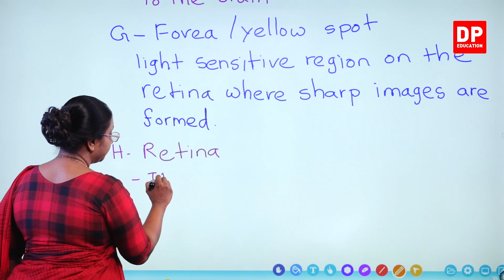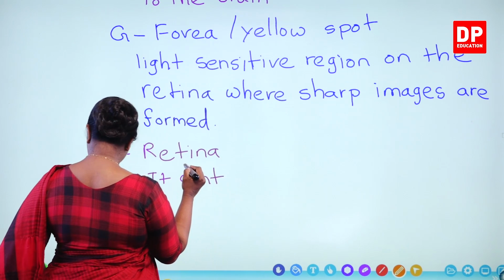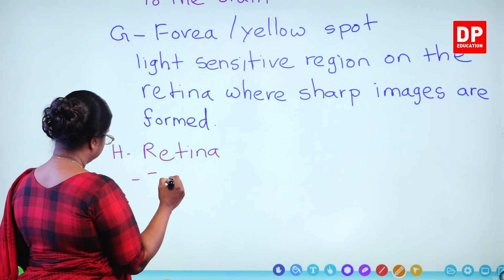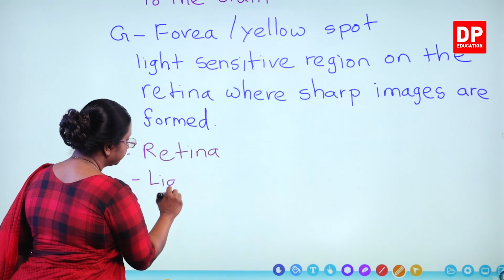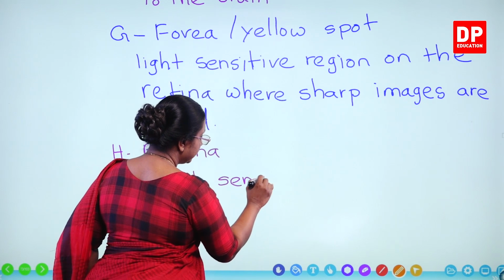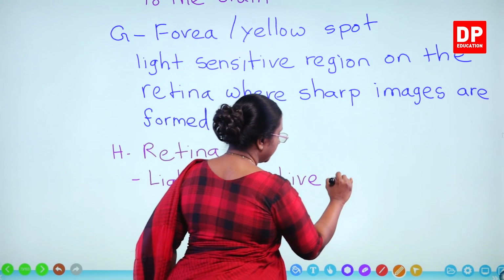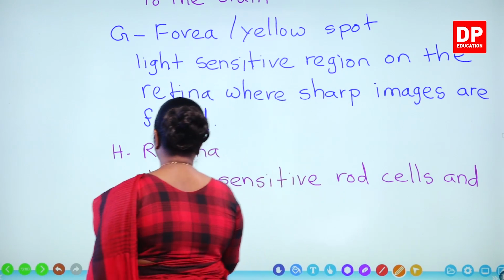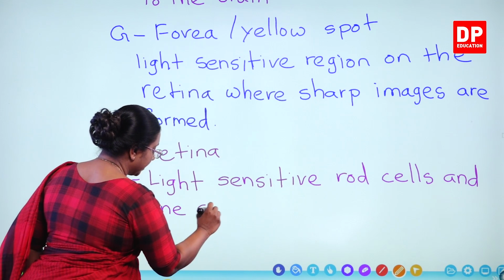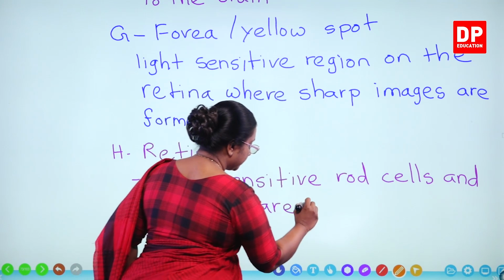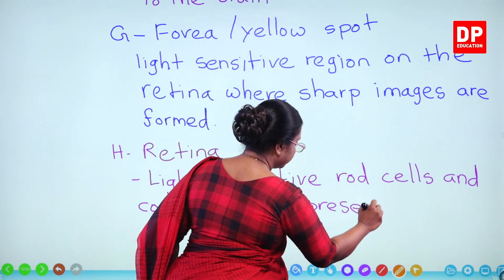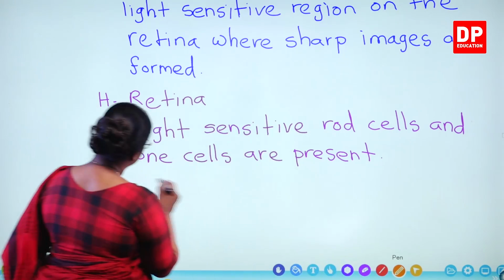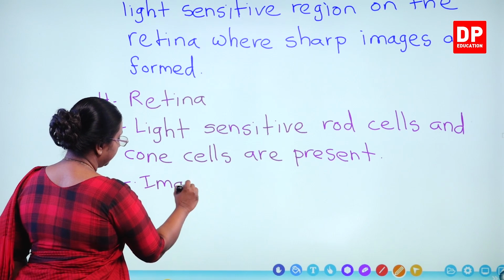So it contains light sensitive rod cells and cone cells. And also I will include: image forms on the retina.